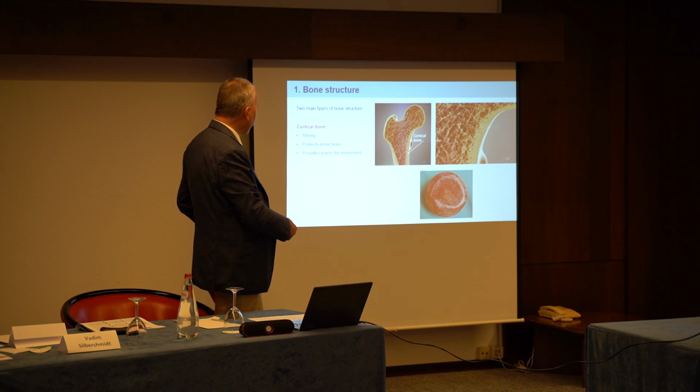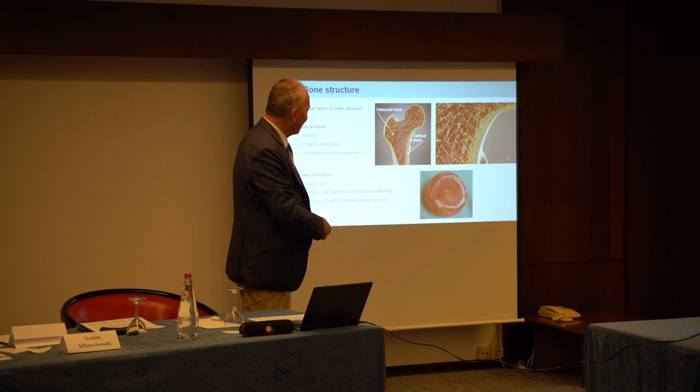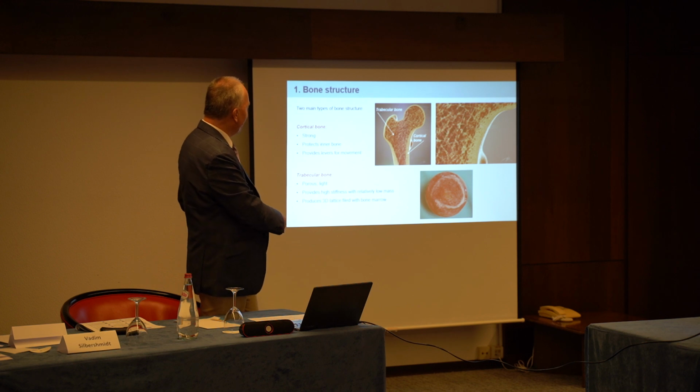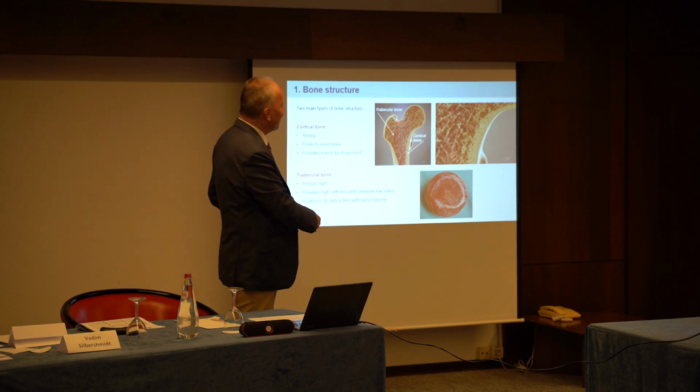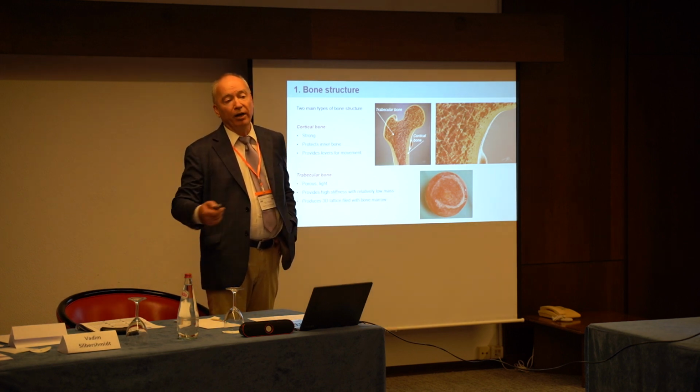And on the other hand, we do have a trabecular bone. This was prepared by my PhD student who likes animations. I'm clicking too much. So this is the trabecular bone. You see the spongy type of material, a highly porous one.